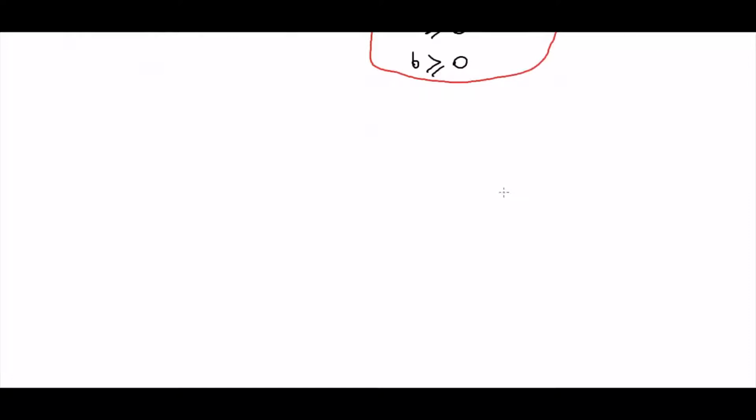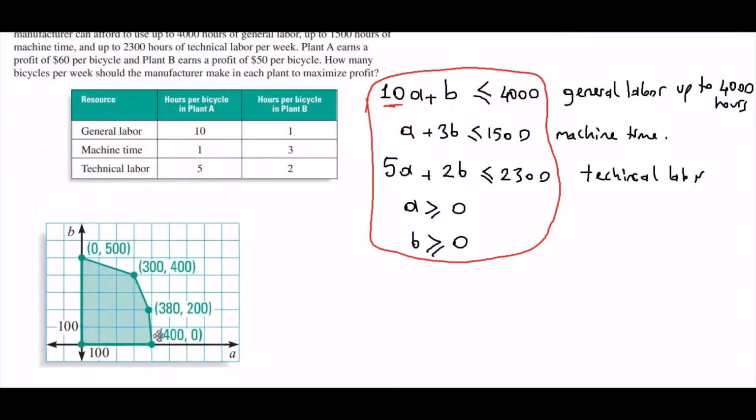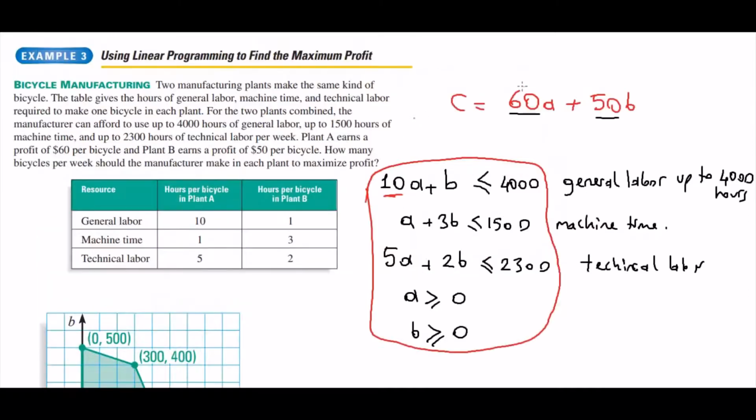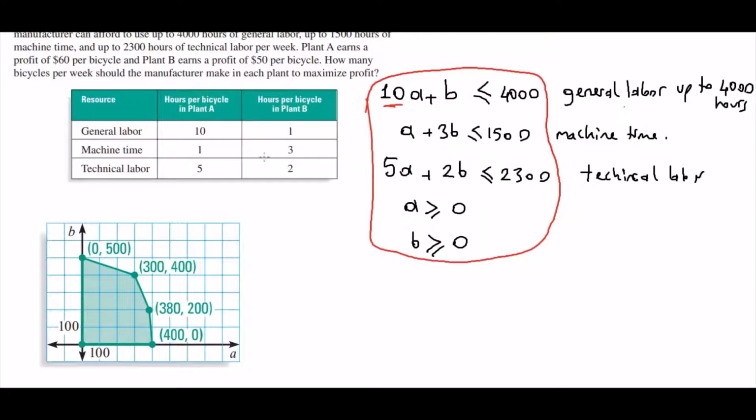So if you graph them, this will be the graph you're going to obtain. And using the constraints, getting these vertices we obtained, we can directly plug the vertices into our objective function here and see which number has the highest value.